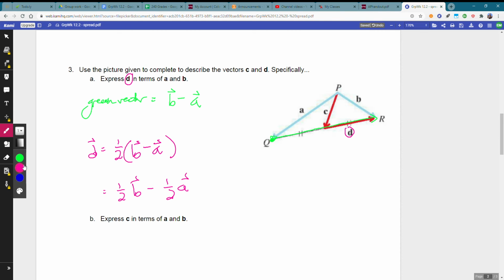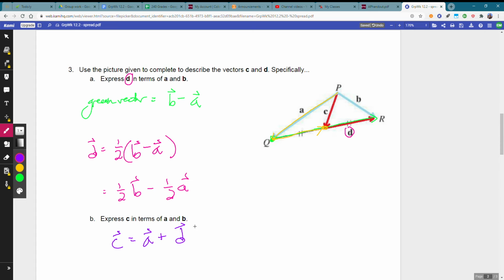One possibility is that if you notice that the endpoint of C, right here in the middle, we could get by first doing A, and then if we slide D over and do that here, that will end us at the tip of C. And thinking about how vector addition works, that means that C equals A plus D. Right, you start at the start and point to the finish after lining the vectors up in a row.